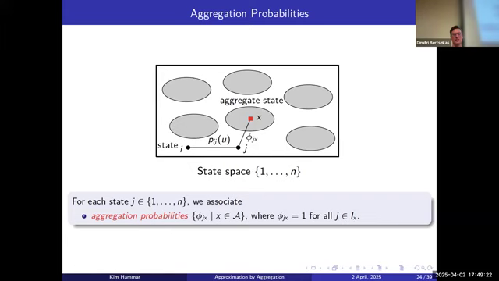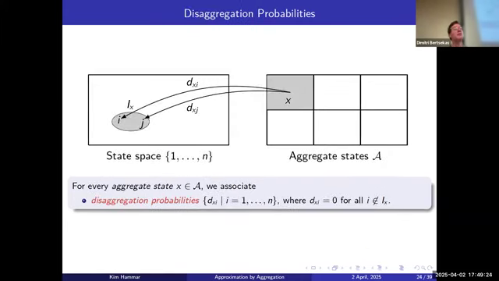Thank you. So then the difference is that we now have the disaggregation probabilities to be able to transition from an aggregate state to a particular original state. Since we now have this association with a whole set of states, we have this mechanism with disaggregation probabilities to single out a particular original state for the transition.